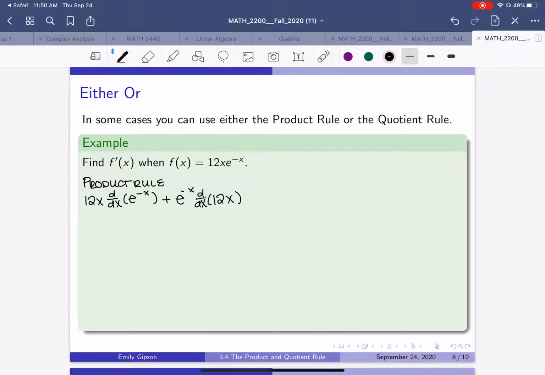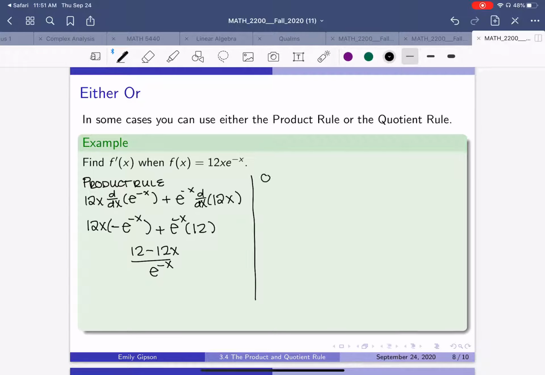So though it may seem not intuitive, we'll get to a reason in the next couple lectures why d dx of e to the negative x is negative e to the negative x. But we've got 12x times negative e to the negative x plus e to the negative x times 12. So fixing that all up, we've got 12 minus 12x all over e to the x.